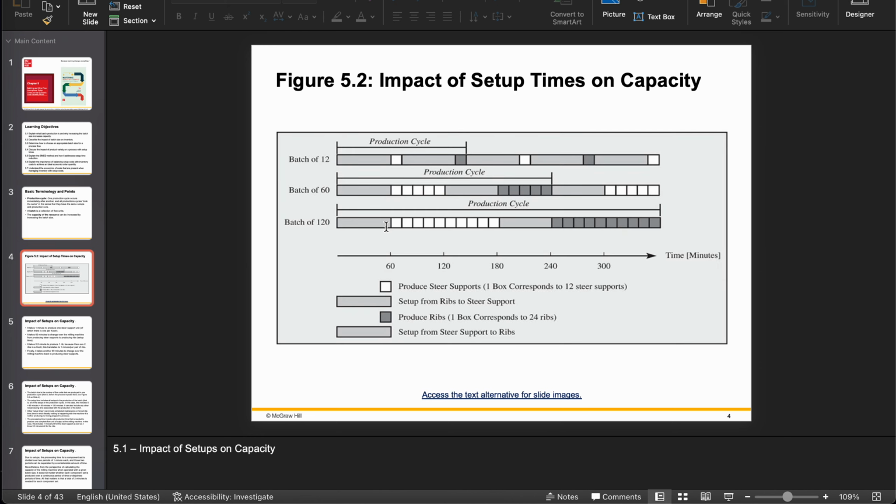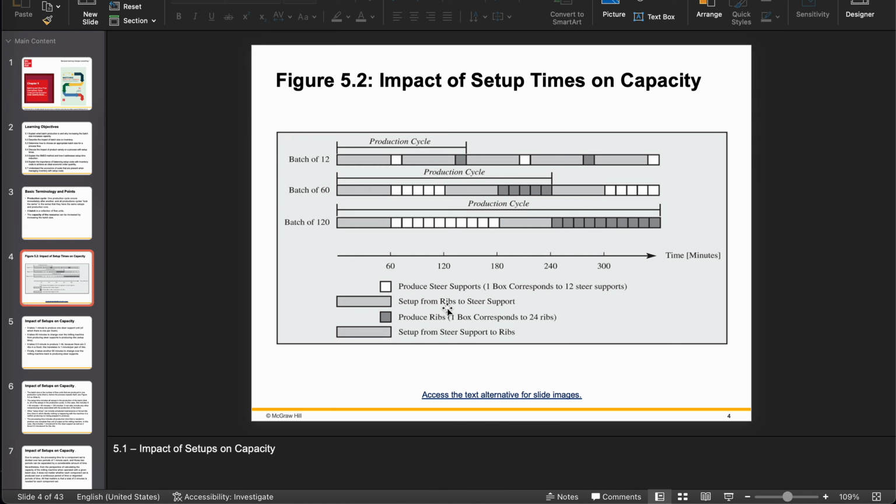So if you're producing a batch of 12, this is the same example, the example of a zooter that we were talking about in the videos from chapter 4. There, we were talking about the assembly process for a zooter. In this case, we're talking about the manufacturing of the individual pieces that go into the zooter.